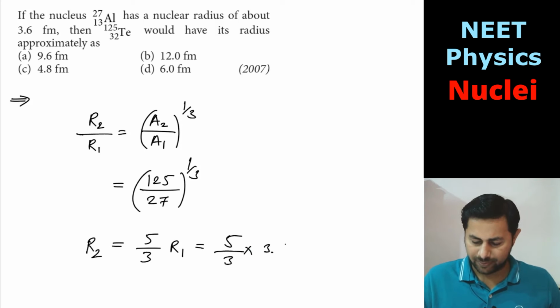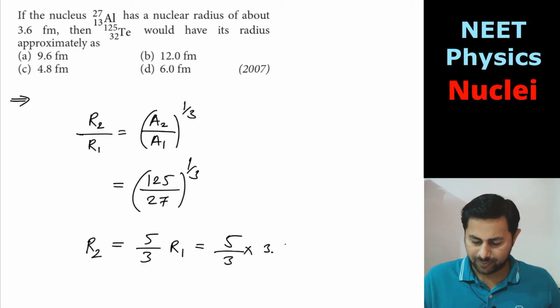Let's see the next one. The energy required to break one bond in DNA is 10 raised to minus 20 joule. This value in eV is nearly. Very simple question. Energy in joule is given, so E is equal to 10 raised to minus 20 joules. What would be the energy in electron volts?